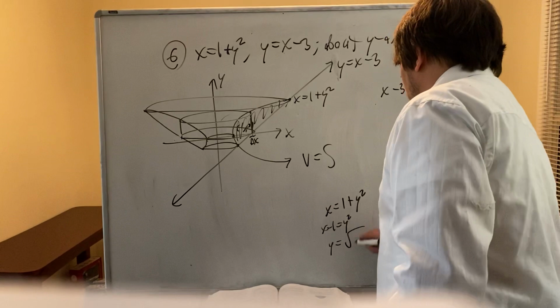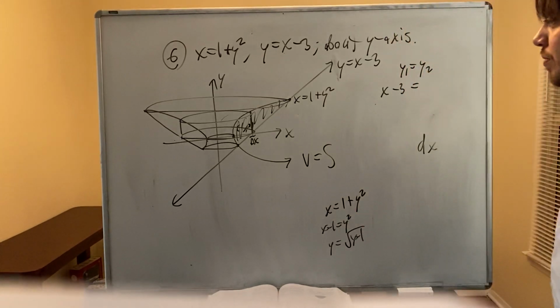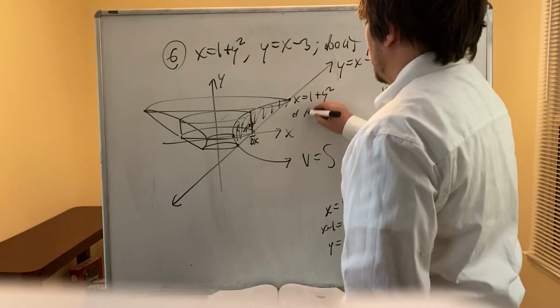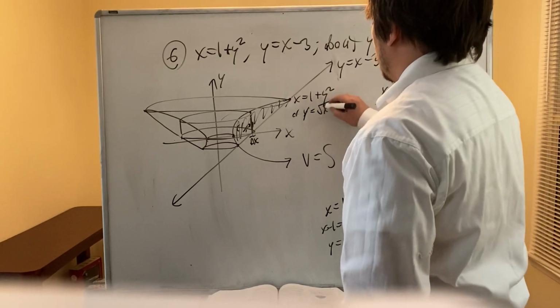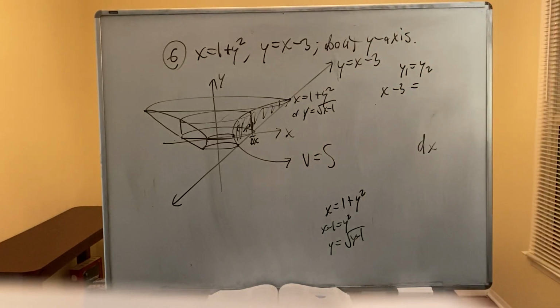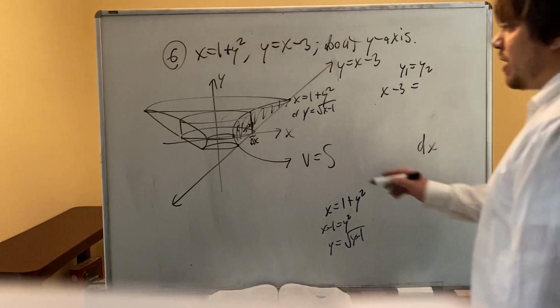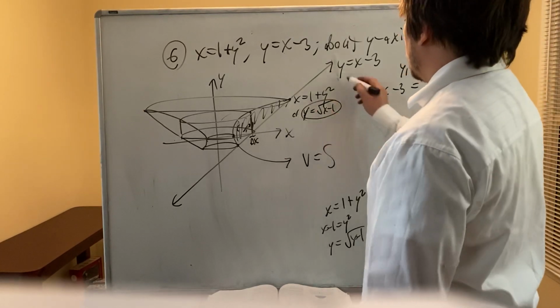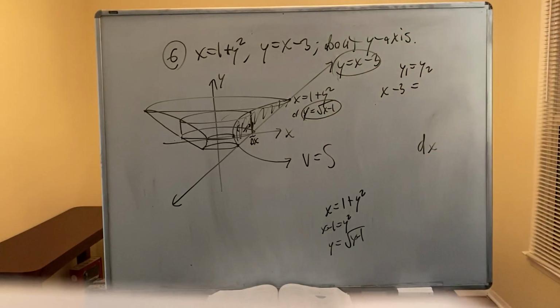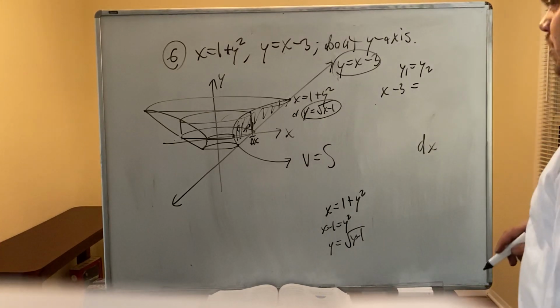Y is equal to the square root of x minus 1. Okay, so this is this function, and then it's that function. Y equals for both. So we want to know at what values the two functions are the same.